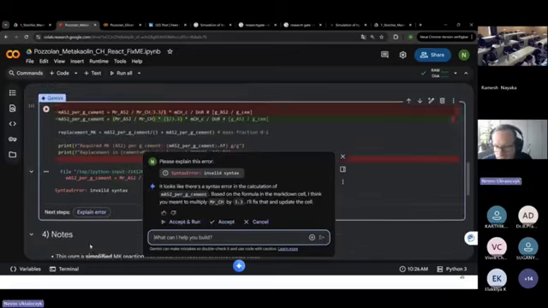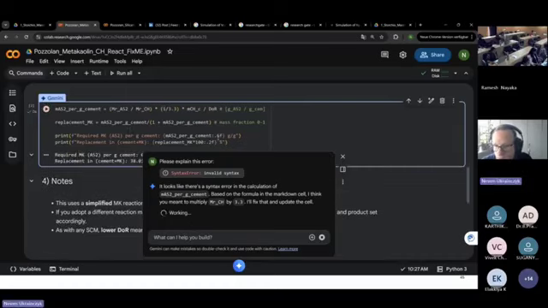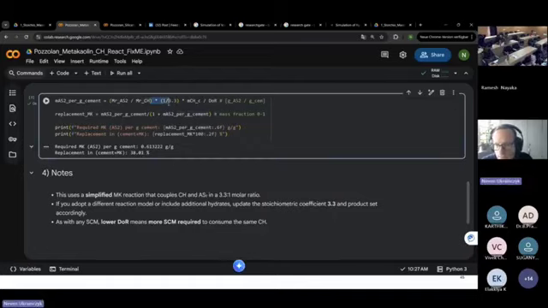But just here, explain error, and then the AI will also, even if you don't see the error, suggest what you should correct, and you say accept and run if you agree, and then we have the solution. So for all the debugging you can use the AI, but you should always check what it's suggesting, of course.